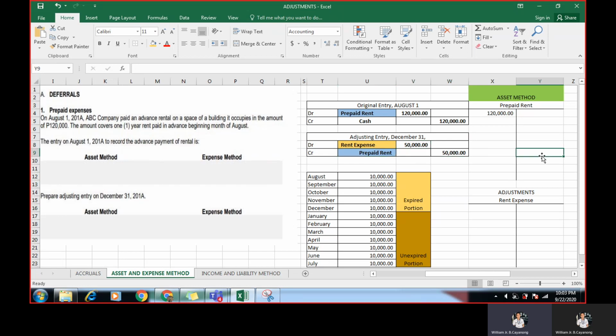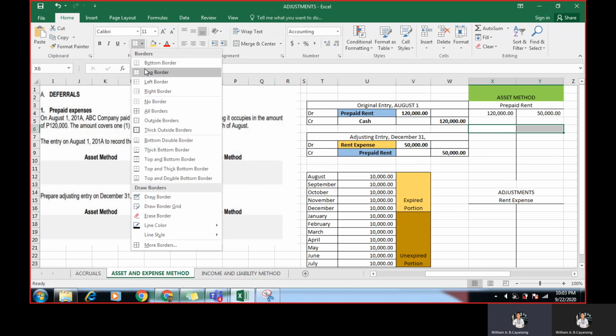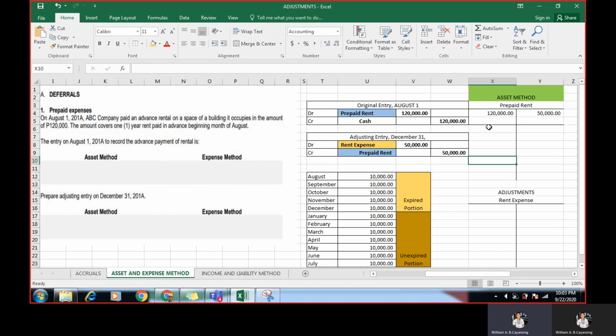Now, if we're going to update the T account, so we need to decrease prepaid rent by how much? 50,000 pesos. Okay. If we're going to cross-put this one, so ang magiging answer natin, 120 minus 50,000, that would be 70,000.